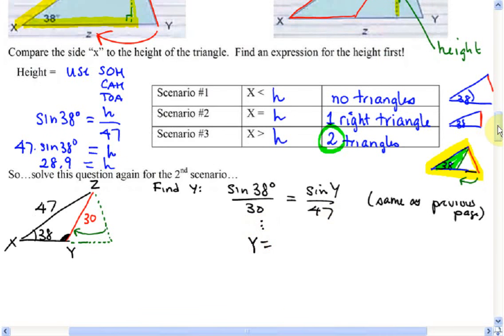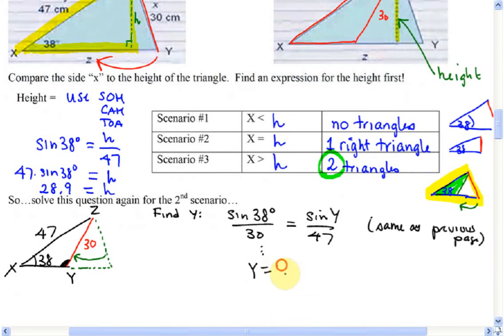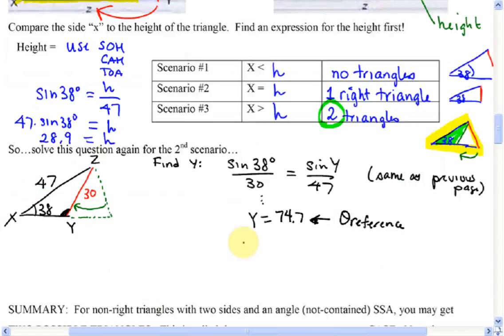Last time, from the previous page, we got the angle 74.7. But does 74.7 match my answer in this picture? Obviously not. So what must I continue to do? This actually equals the reference angle. So what is the actual angle for y?